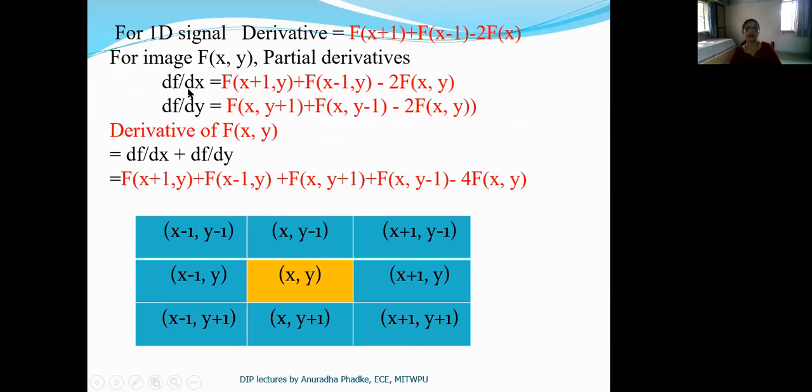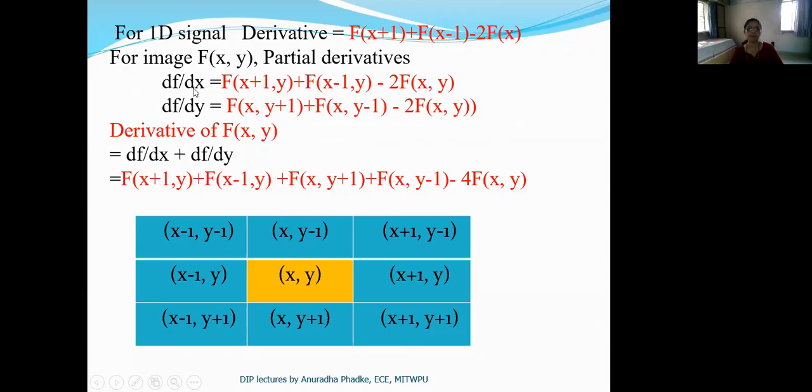Then, corresponding to this location, we get f of x comma y minus 1, minus 2 times f of xy. So the first term is the partial derivative with respect to x, and the second term is the partial derivative of f with respect to y. When we consider the partial derivative with respect to y, x is constant.